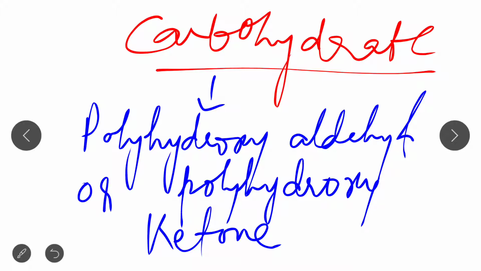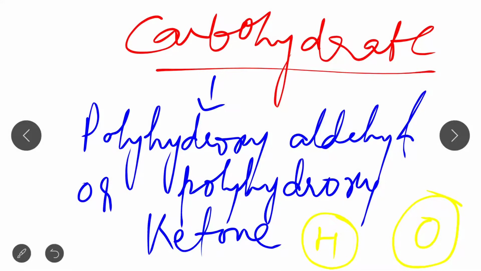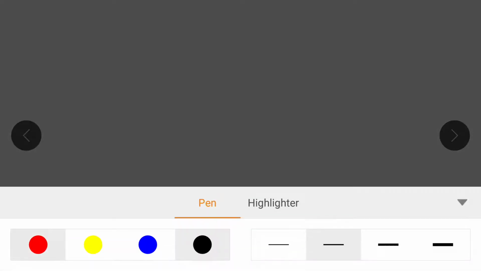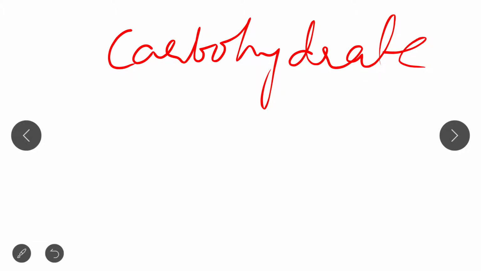In the majority of carbohydrates, remember, hydrogen and oxygen are present in the same ratio as in water. That's why carbohydrates are called hydrates of carbon.